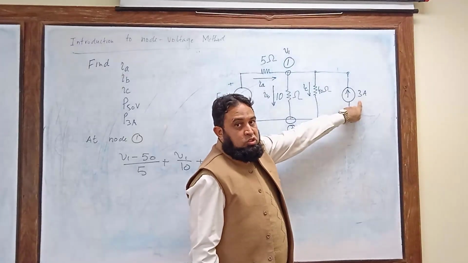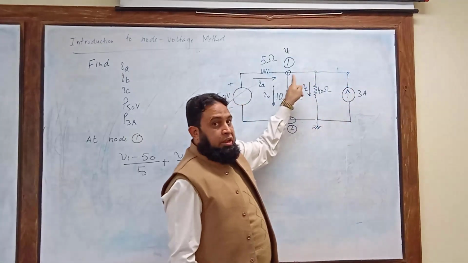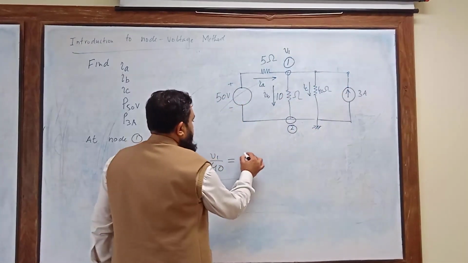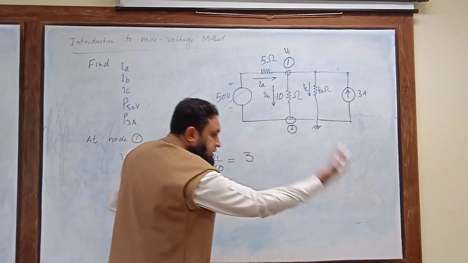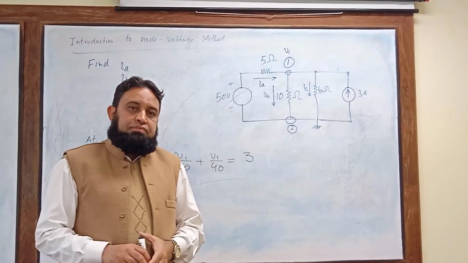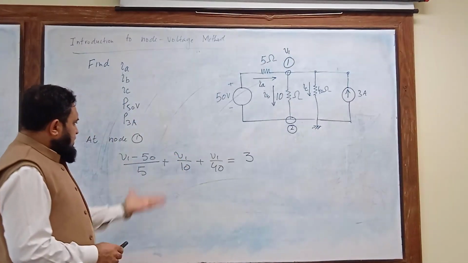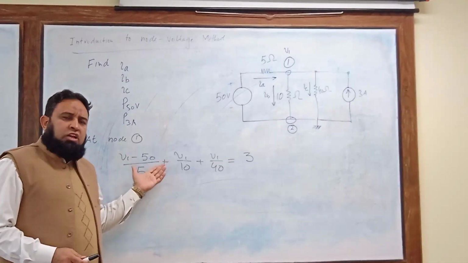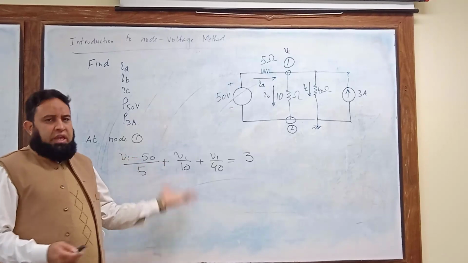This is a current source and the current is entering this node, so it can be written as 3 ampere on the right hand side of the equation. Okay, so now we have one equation and one unknown, that is V1, so we can easily solve this.